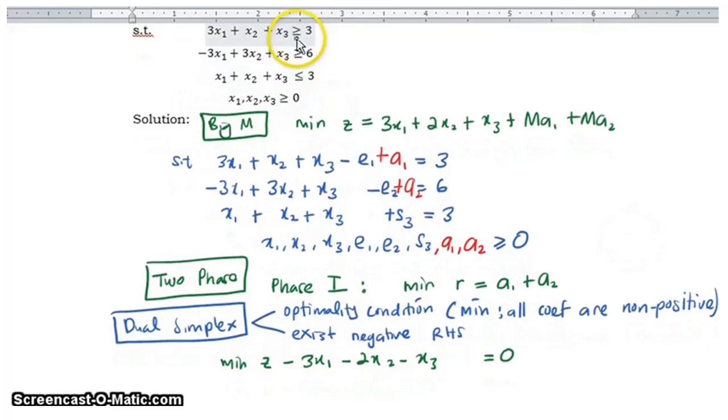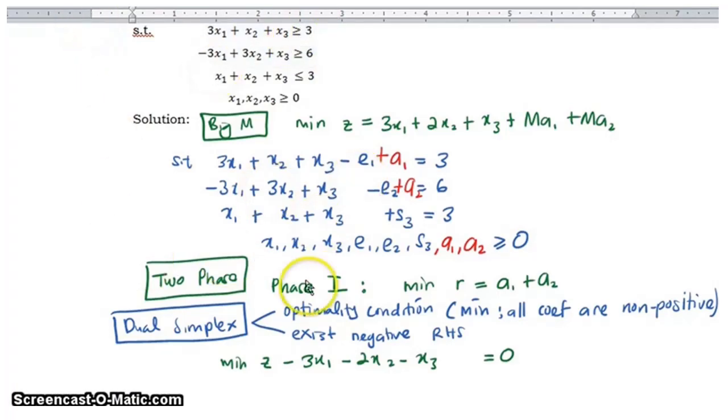Since we can't use artificial variable in the dual simplex method, we need to do something to the first and second constraint, because the first constraint will have artificial variable if we change this constraint to the standard form. Because we don't want any artificial variable in the constraint, we need to change the sign of this constraint.